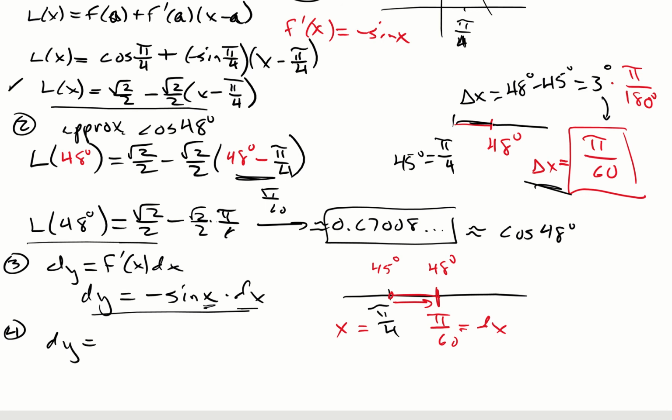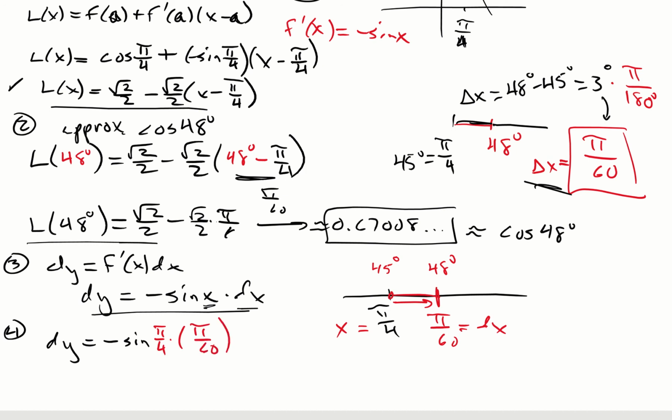We're changing from 45 to 48 degrees. We're changing from pi over 4 to pi over 4 plus pi over 60 radians. So we're getting a minus sine of pi over 4 times pi over 60.